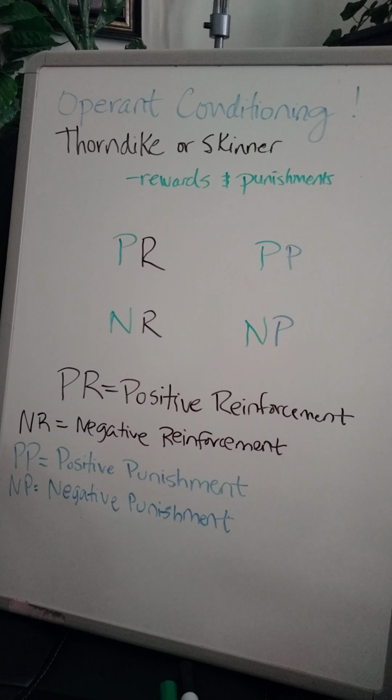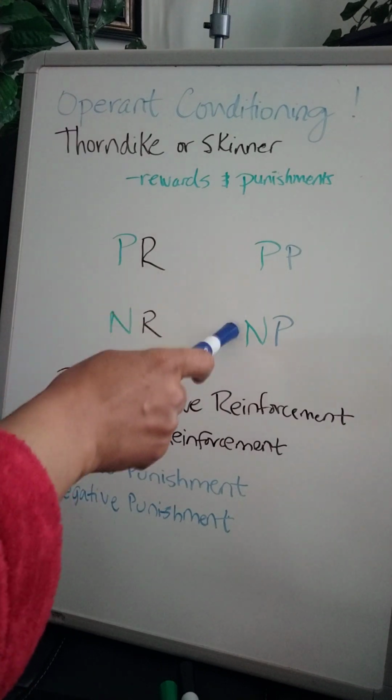So I'll stop petting my dog once they stop biting people. I'll stop giving this person gifts if they do not follow directions. I'll stop giving stars. So you're removing something good because you want to increase positive behaviors and decrease negative behaviors. If they're doing something bad, you want to decrease their behavior, and these are the two ways that you would do that.